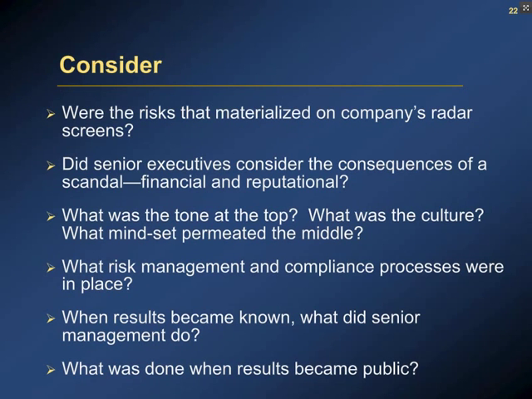Did senior executives really think about in advance the consequences of this kind of scandal? What was the tone at the top? What was the culture? What risk management and compliance processes were there in advance? When the results became known, what did management do, and what was done when the results became public?